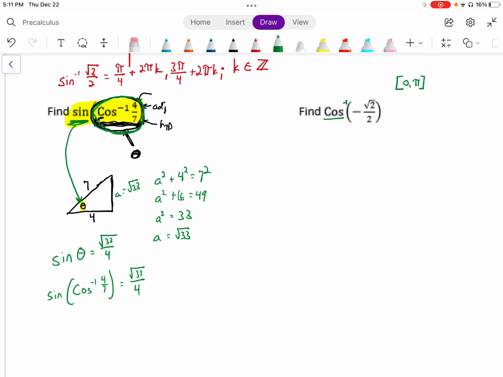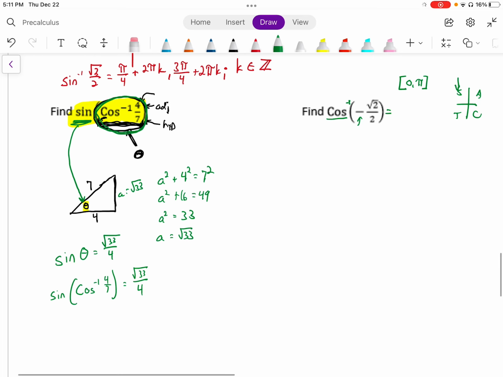Well, cosine equals positive root 2 over 2 at pi over 4, but we need it to be negative root 2 over 2. And so we know that sine is positive in the second quadrant, but cosine is negative. So this is going to equal not the positive part, not pi over 4, but 3 pi over 4, which is in the second quadrant, which does fit inside our restricted interval. All right, that's it.